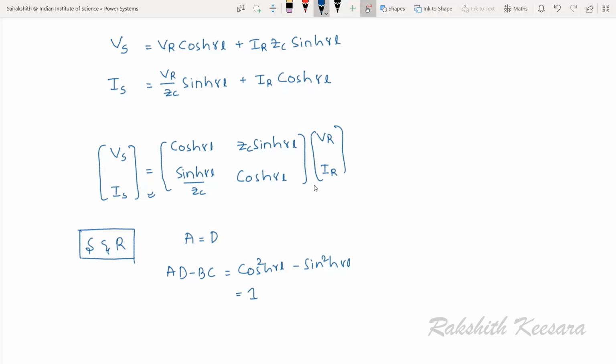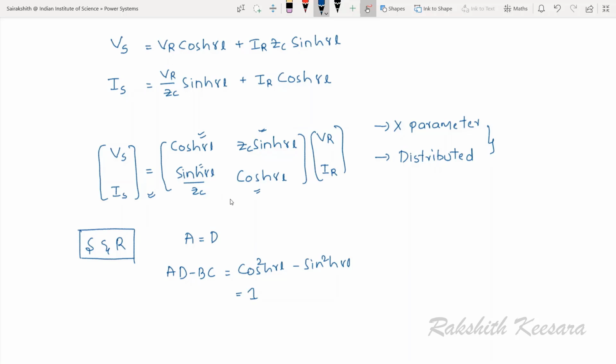Why? Because this is an exact analysis. If you observe, we have not neglected any parameter. We considered each and every parameter and we did distributed analysis, right? So these are the parameters we are getting.